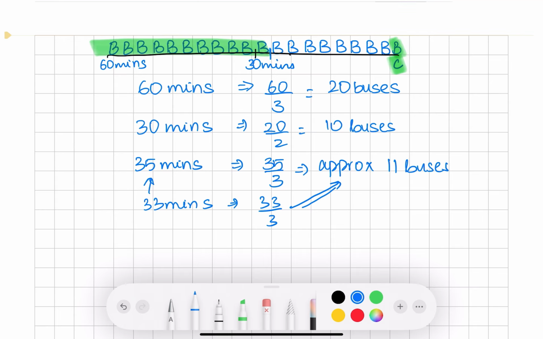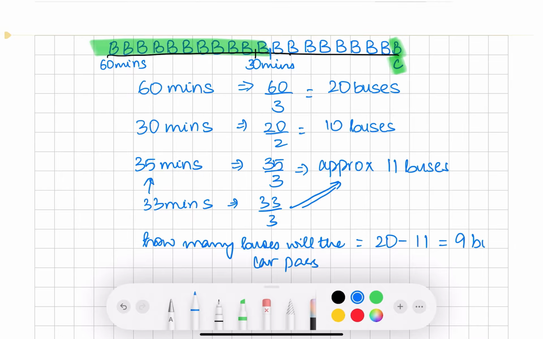So because 11 buses are already gone, what I'll do is figure out how many buses the car will pass. I'll simply subtract 11 from 20 because there are a total of 20 buses, which will give me 9 buses, right?